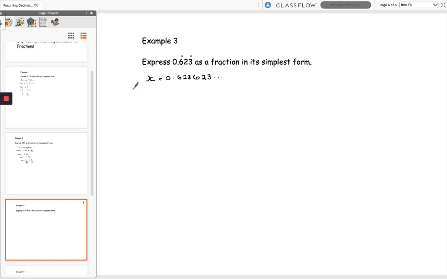So x multiplied by 1,000 is 1,000x, and 0.623 recurring multiplied by 1,000 is 623.623 recurring.